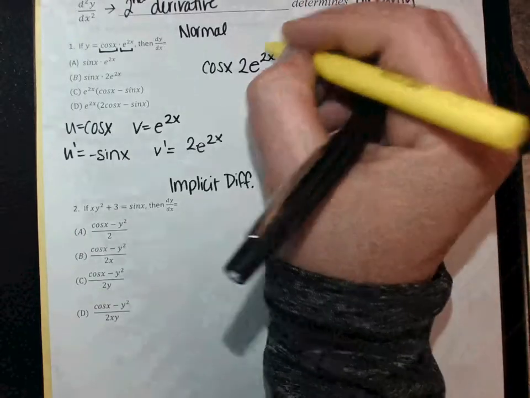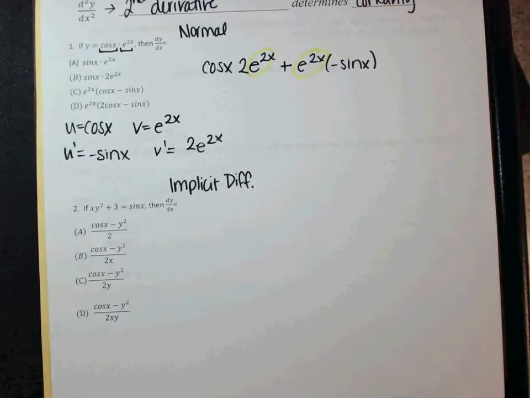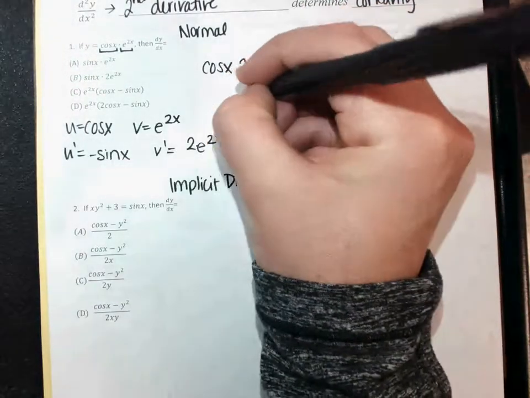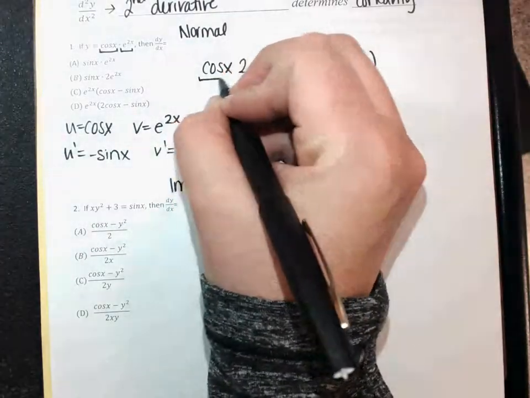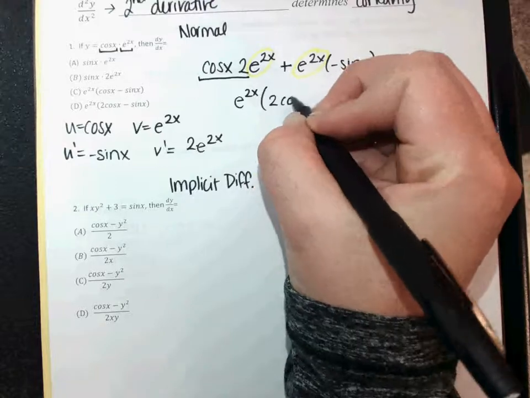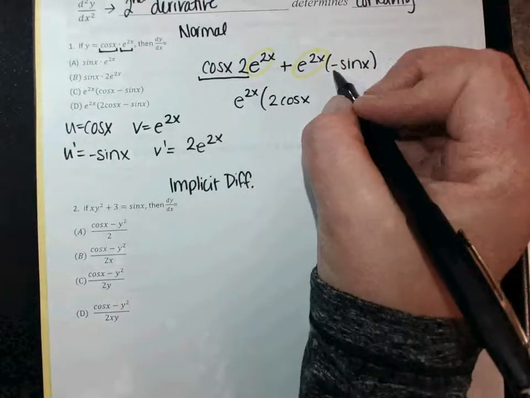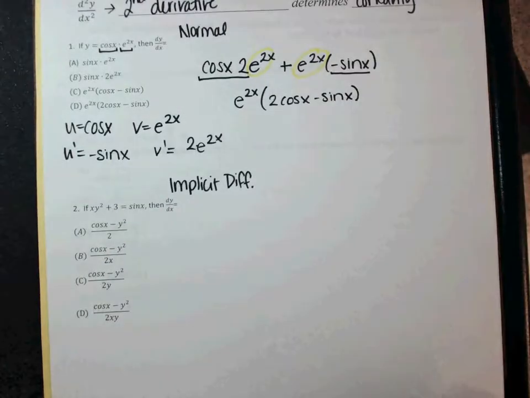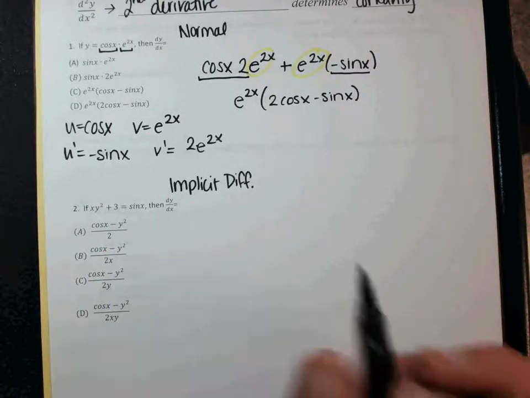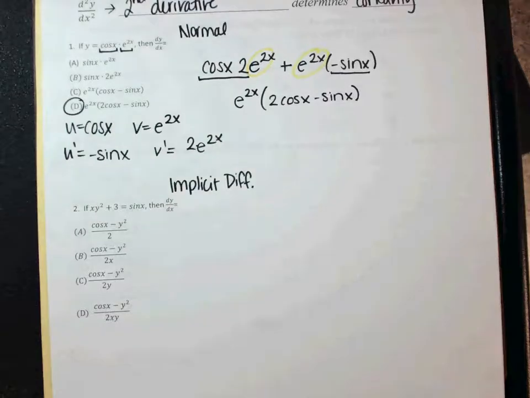E to the 2x. So e to the 2x needs to be factored out. What would be left over? 2 cosine x minus sine x. I'm going to put my 2 cosine x first just because that's the order that I wrote it in, and then my minus sine x would be left from the second one. So which one do we want there? D. Yep, D. Good.